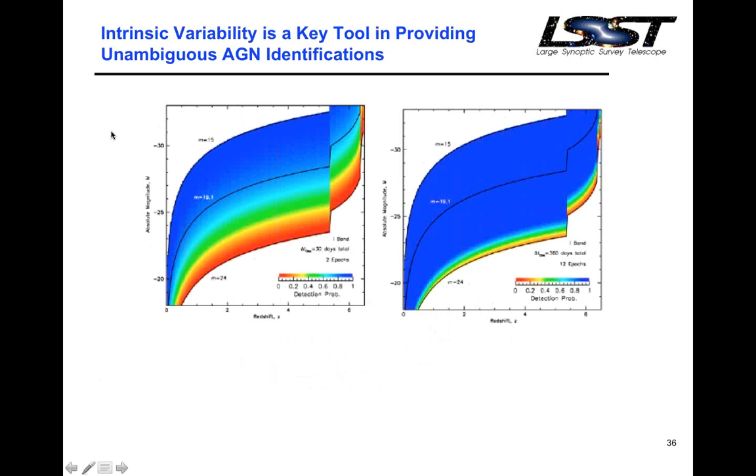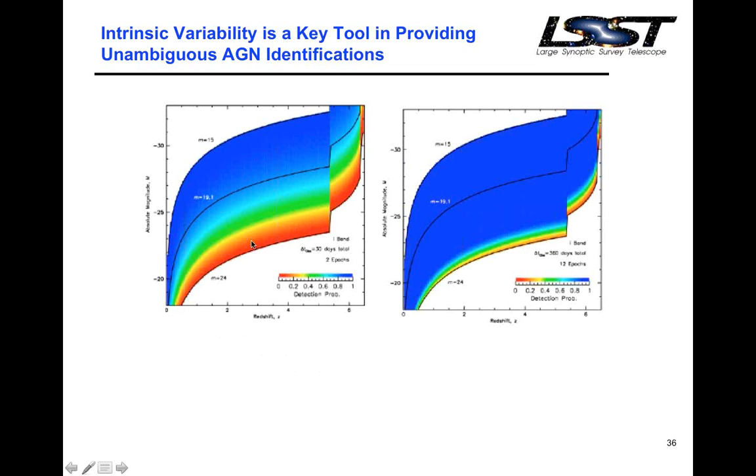But finally, the final thing which yields very high purity samples is the intrinsic variability, because essentially all AGNs are variable. And that's illustrated here, where as a function of absolute magnitude and redshift, we plot the probability that we would unambiguously identify an object as an AGN. And the color scale of probability is shown here.